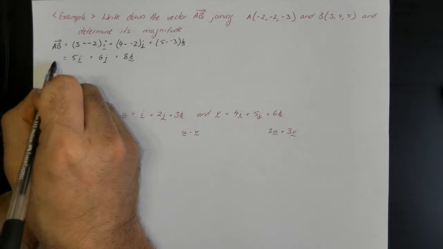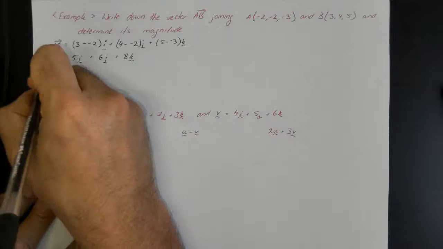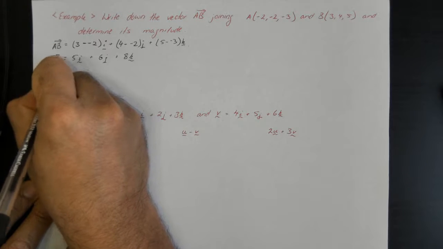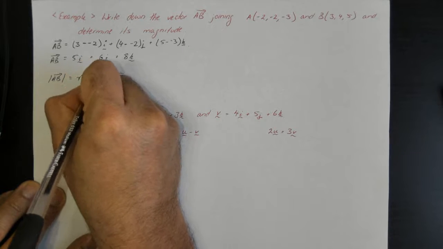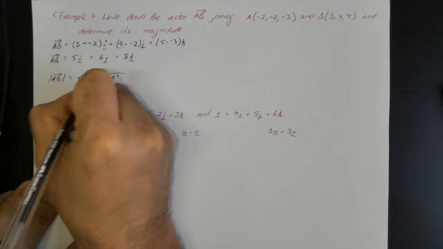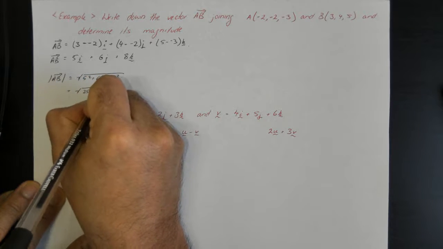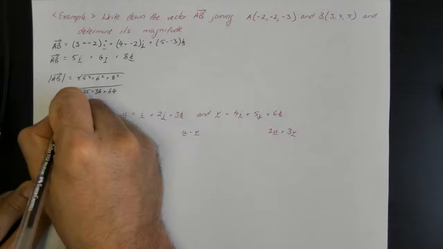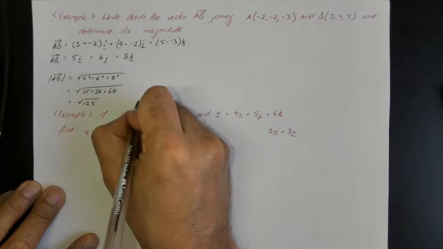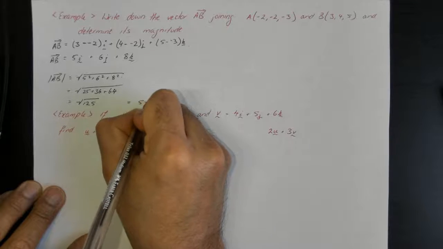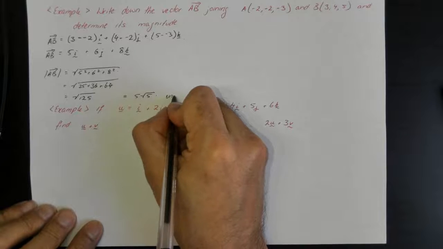Okay, so that's vector AB, starting at A going to B. Now if I want to find that magnitude, square each term, and it works out to be 5 root 5 units.